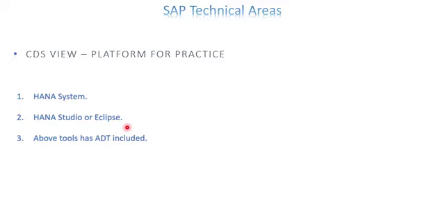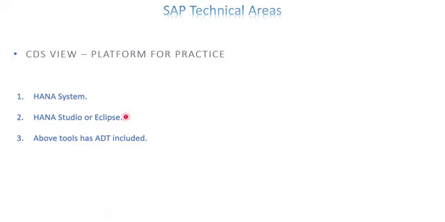It's not going to be your SE38 or SE80. You should have either HANA Studio or Eclipse. The preferable one is Eclipse, not HANA Studio, because HANA Studio is a heavyweight application. Different versions are available in the market, so you can go with the latest version of Eclipse.